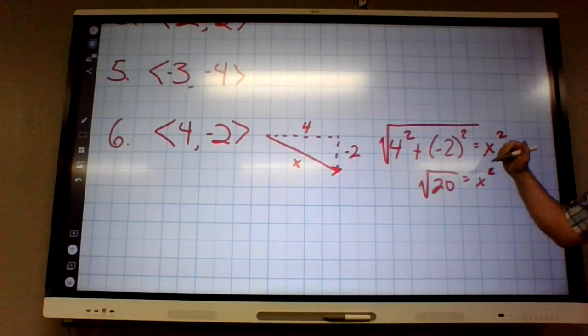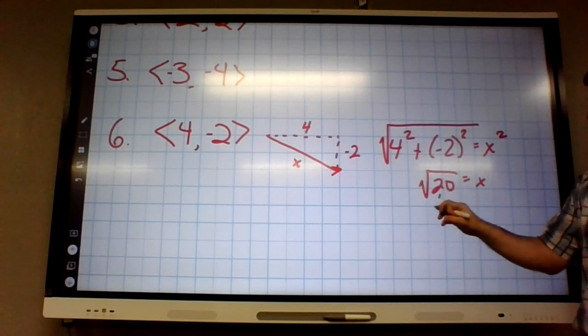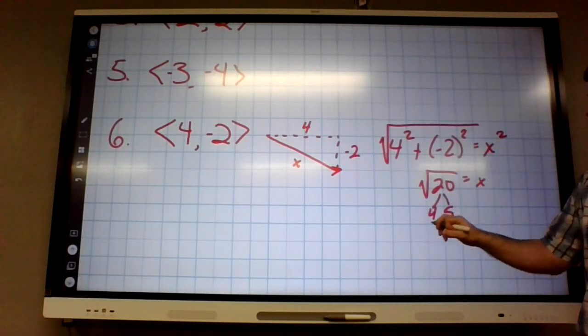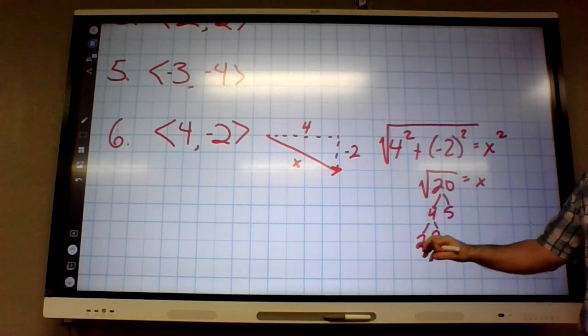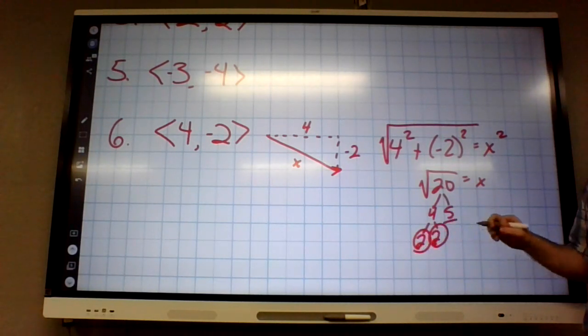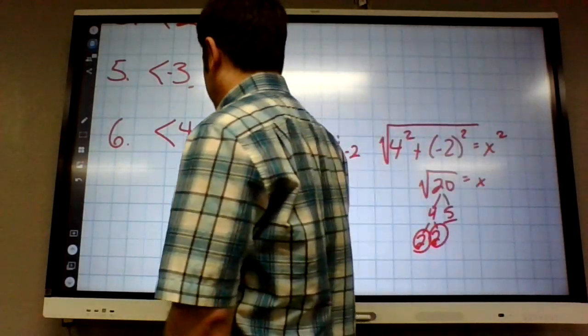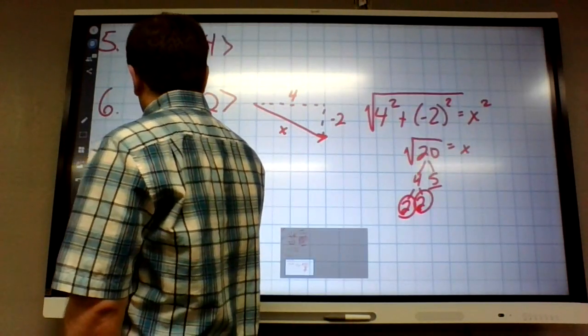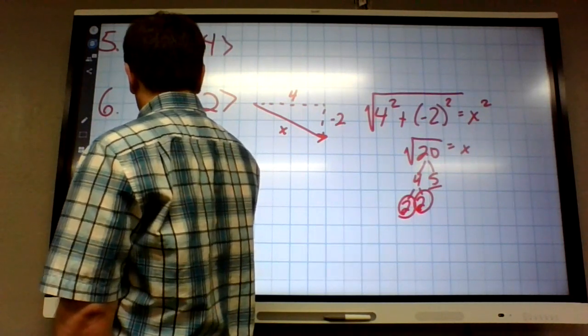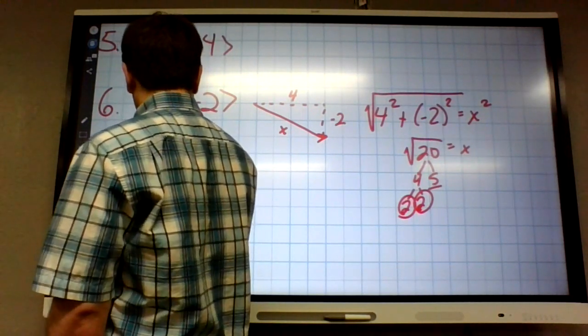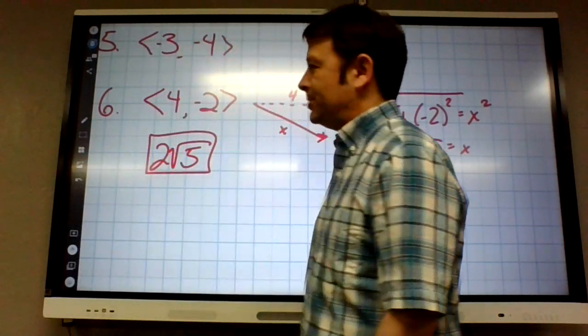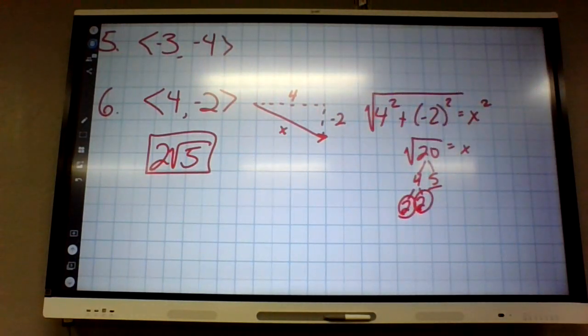The book put both the square root answer and the decimal answer. I am just going to do the square root answer. 2 square root of 5. Well done. Okay, that is the magnitude. That's how long it is.